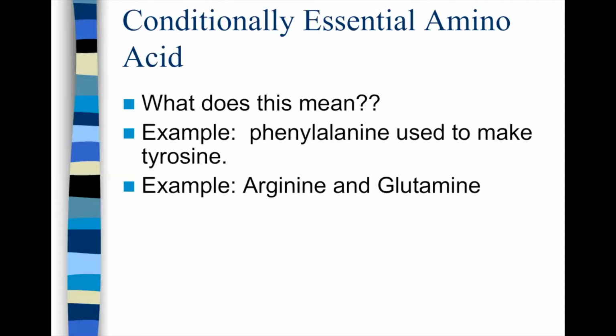However, in a very, very rare amount of our population, they have a genetic disorder called phenylketonuria. And in phenylketonuria, they can't break down phenylalanine and convert it to tyrosine. So they actually end up with two issues.